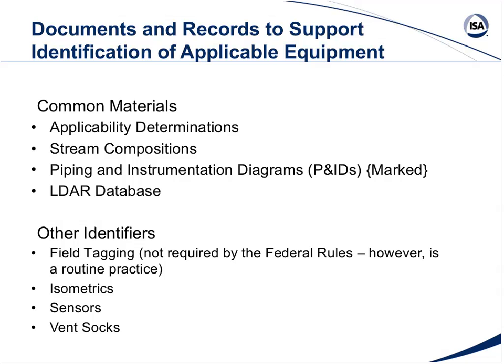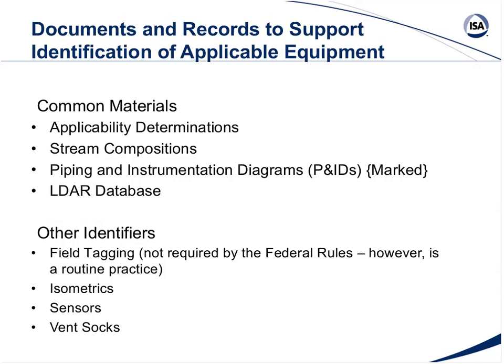So other identifiers: field tagging is great. While it's not required by the federal rules, it is a routine practice, and it helps you determine what's in and what's out. And it also helps you track, did I actually monitor that component? So that field tagging does become important. If you've got isometrics, some of those isometric drawings can be very helpful.